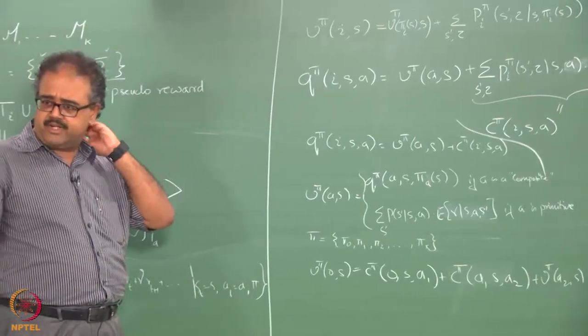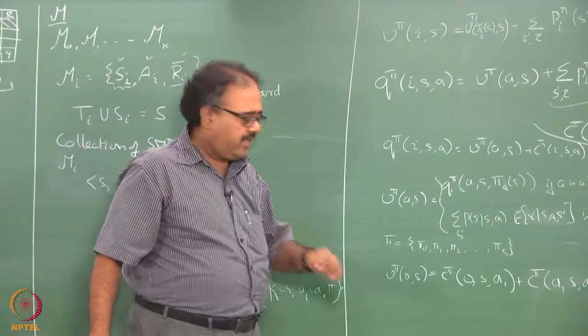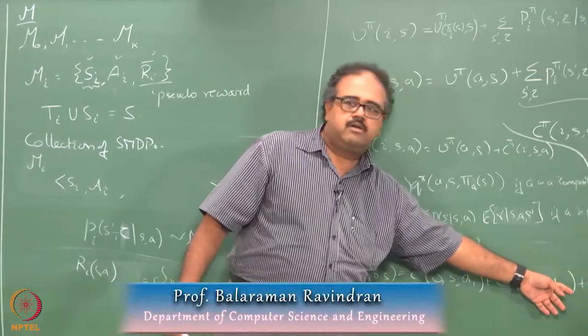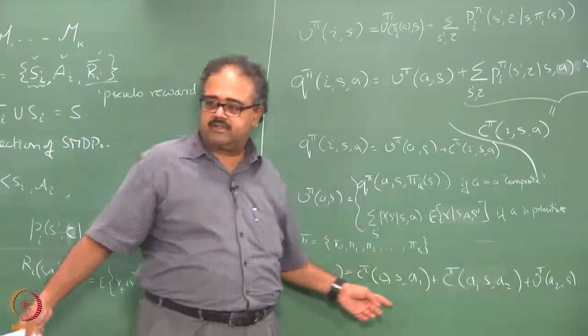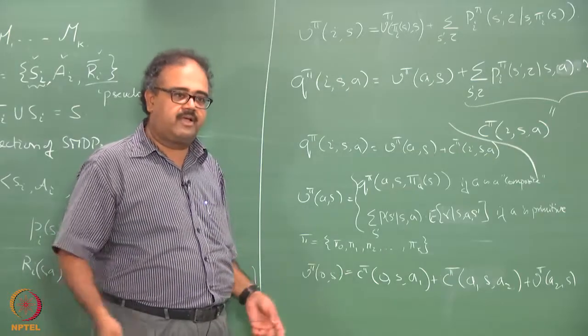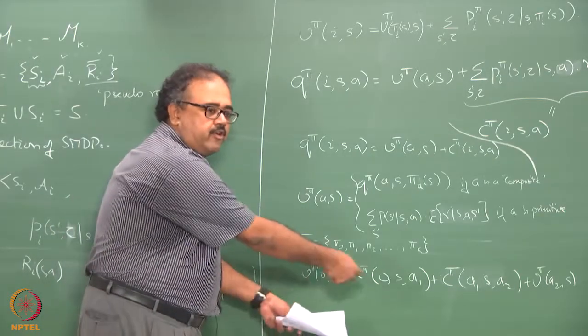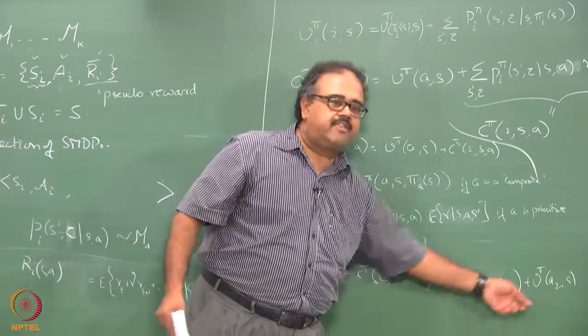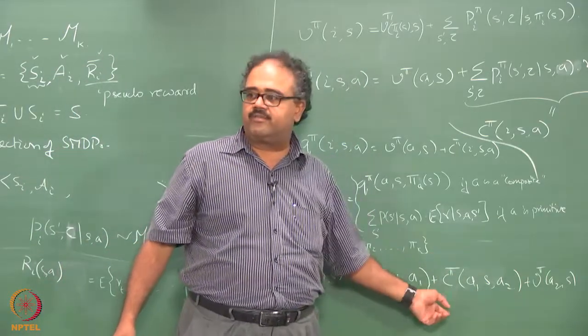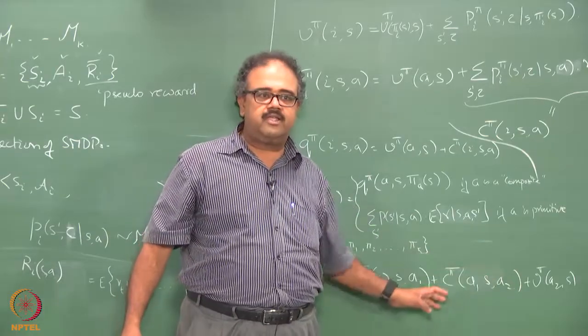What is nice about it is, if I take A2 for some other subtask also, say here I am looking at v pi 0 comma s, and suppose I look at v pi 0 comma s prime. There also I would have learnt this c pi, the same c pi that I will be using regardless of how I come to the end.